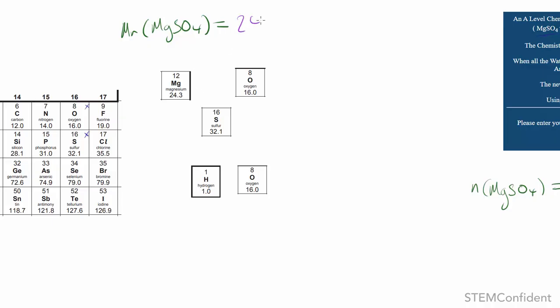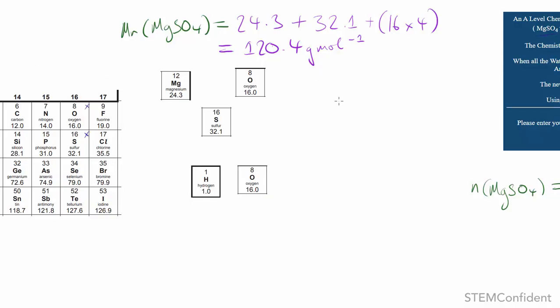That's the relative atomic mass. Plus sulfur, 32.1, which occurs once, and O4, oxygen, which occurs 4 times, so 16 multiplied by 4. That's going to be 120.4, in units of grams per mole.